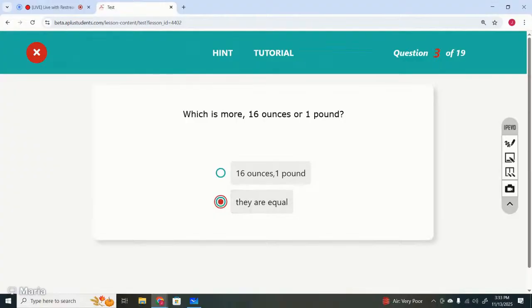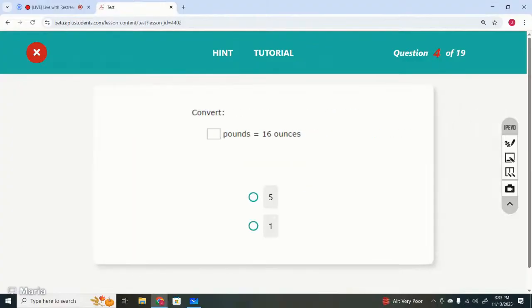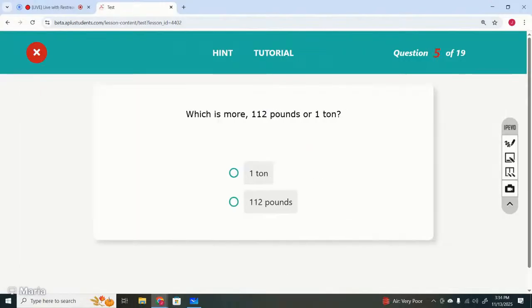The correct option is they are exactly equal. 16 ounces equal how many pounds? 1 pound equals 16 ounces. Option number two is the correct option.